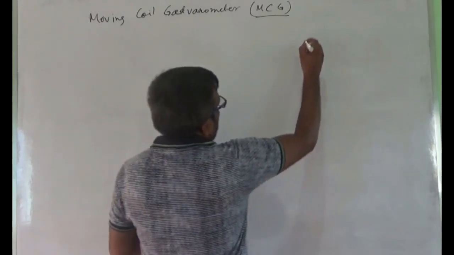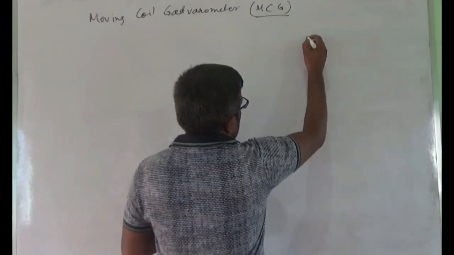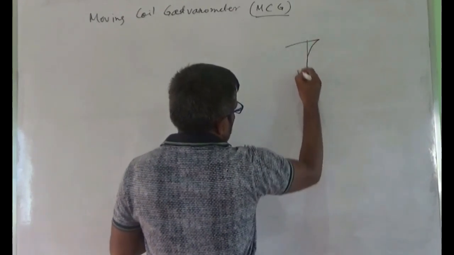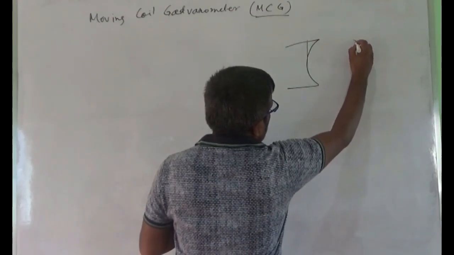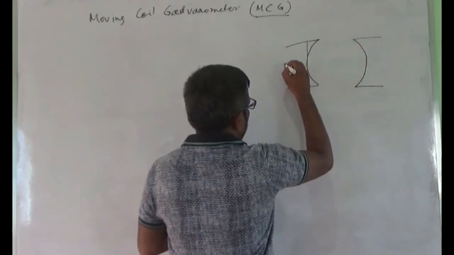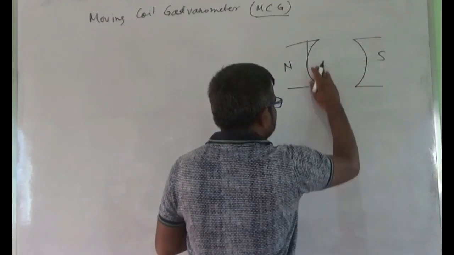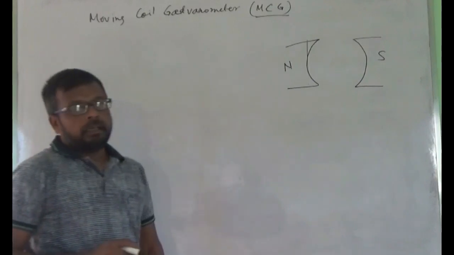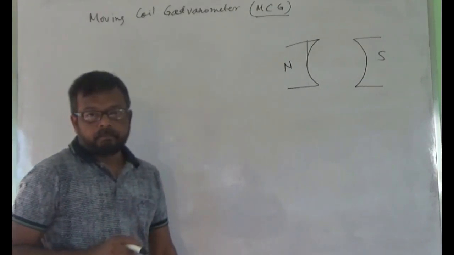Actually, poles are like this. This is one pole and this is another pole. This is north pole and this is south pole. And this is the region between the two poles in which there is a uniform magnetic field.